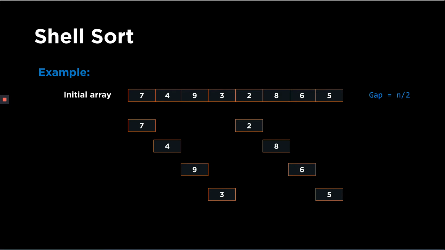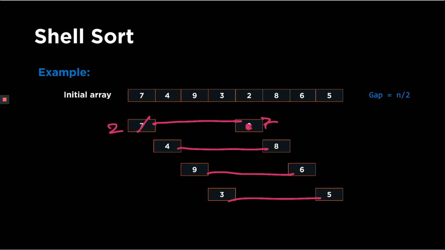In the first pass, we are going to compare each of them. If they are out of order, we are going to swap these numbers. In this case, 7 and 2 are out of order, so we swap these two, and 2 and 7 would be replaced. 4 and 8 are in order, so we don't care. 9 and 6 are out of order, so we swap.